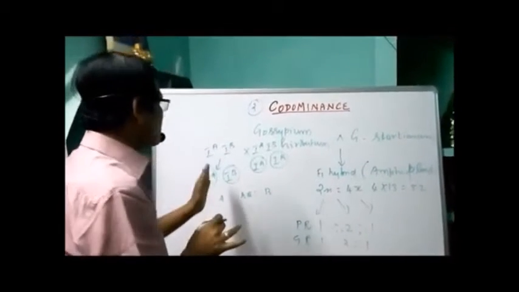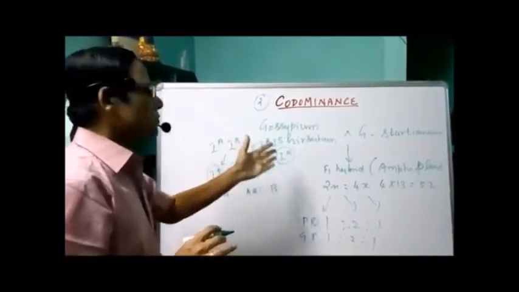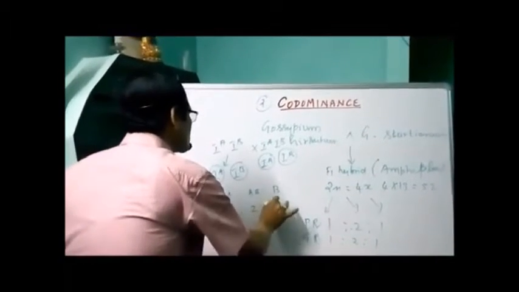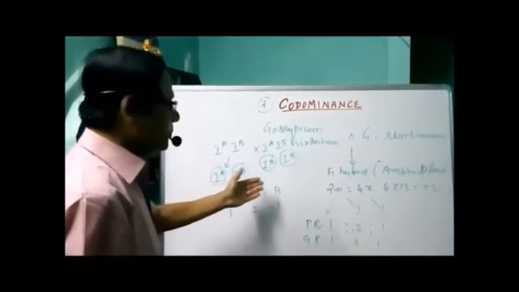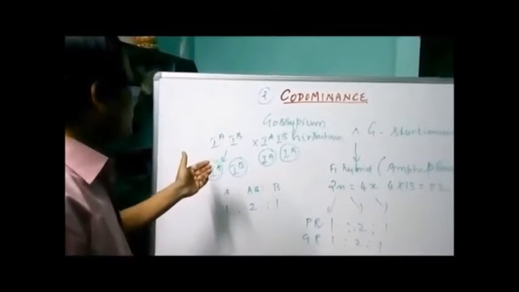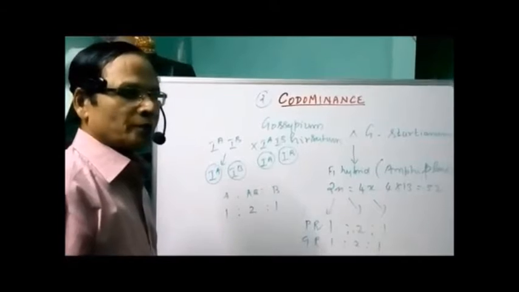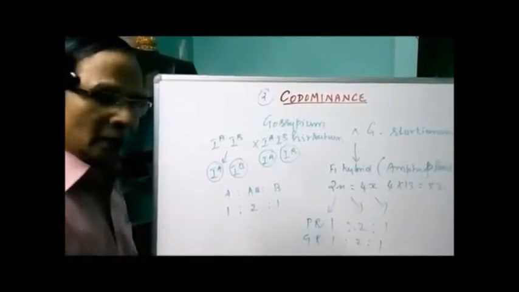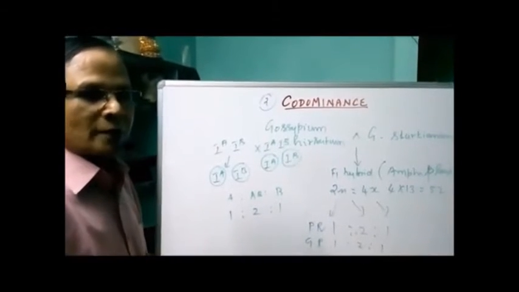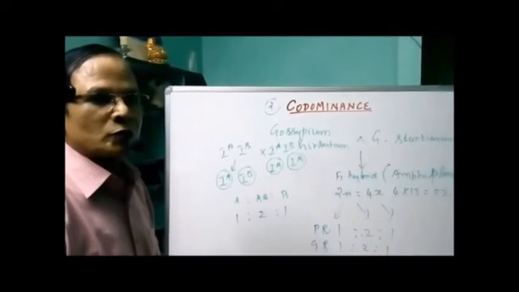These are the products obtained when marriage occurs between two individuals that are heterozygous for A and B. Now the ratio is 1:2:1. So both the phenotypic ratio and the genotypic ratio in the case of marriage between AB parents are 1:2:1. So either in the case of incomplete dominance or in the case of codominance, the result will be the same. The phenotypic and the genotypic ratios would be similar, 1:2:1.